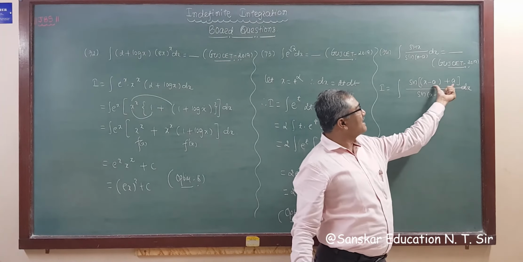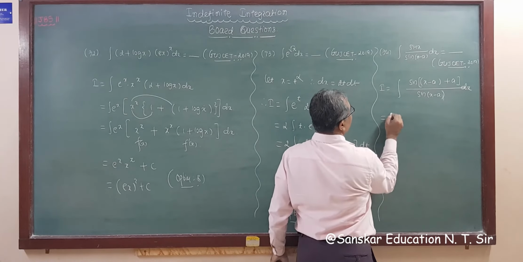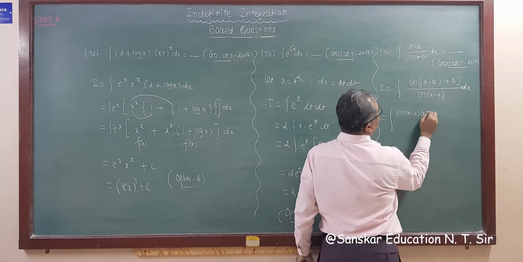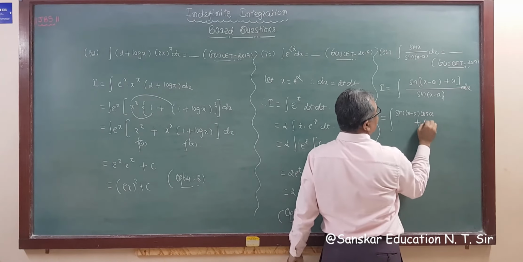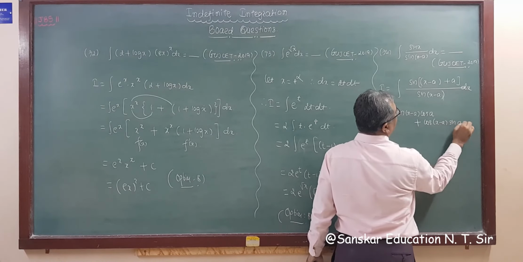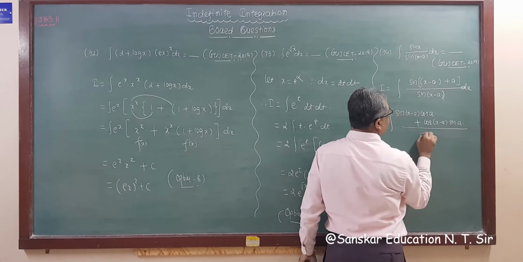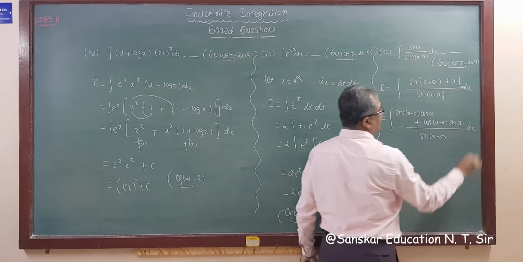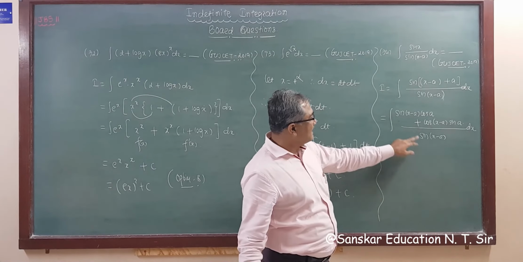Now the sin a plus b formula: sin a cos b plus cos a sin b, whole upon sin x minus a dx. So bifurcating this, sin will be cut.